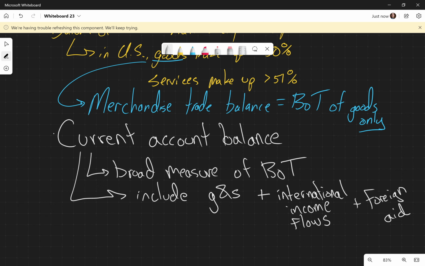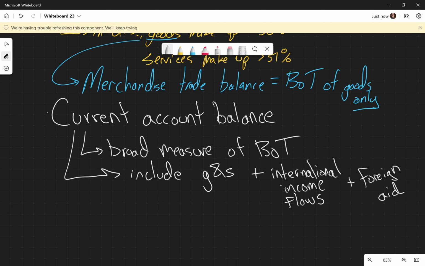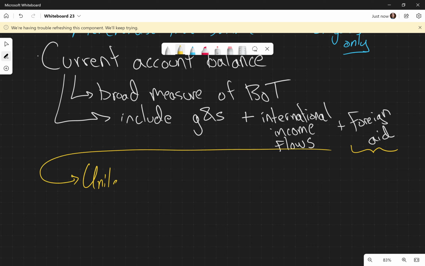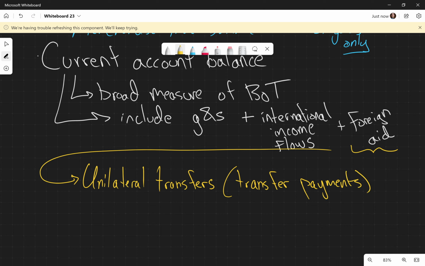Those foreign aid transfers are what we call unilateral transfers. These are also called transfer payments, although unilateral transfers is probably a better name.